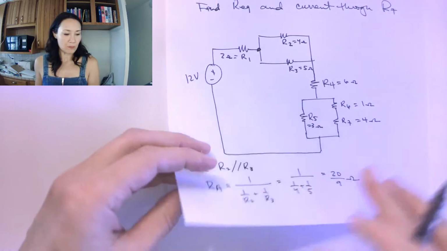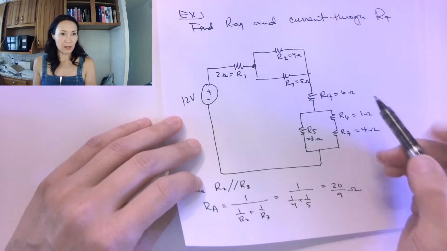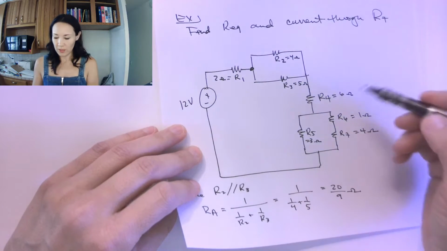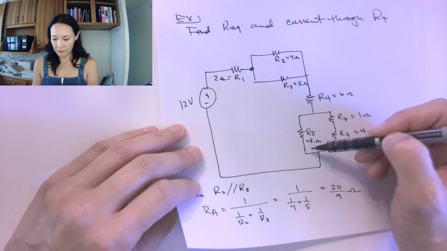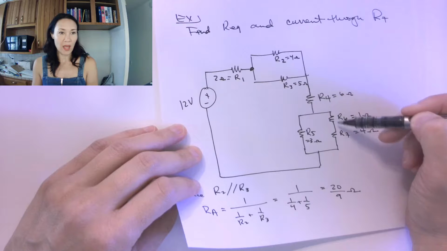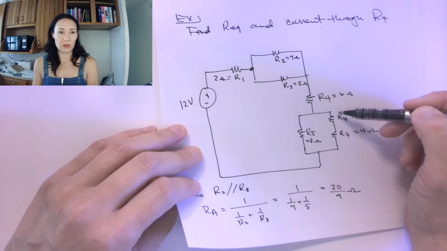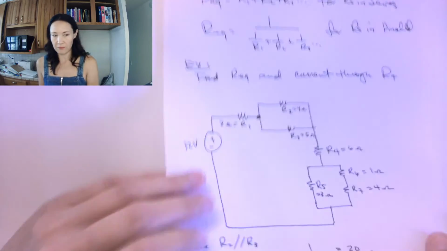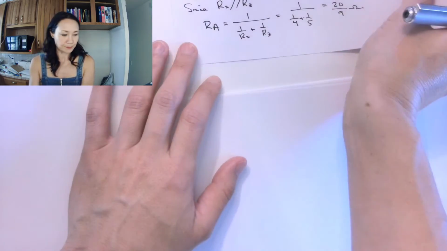Now, I can do the same thing for this parallel network as well. But this one not only has R5, but down this branch it has R6 and R7 in series. So we want to add these together to combine them in series first, take that result, and then combine it in parallel with R5. So let's do that.